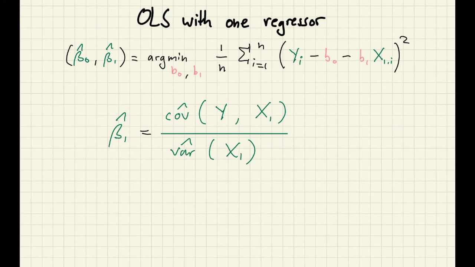Now let's rewrite this formula a little bit. To do that, we'll define sigma hat y squared equal to the sample variance of y, and we'll define sigma hat x1 squared equal to the sample variance of x1.